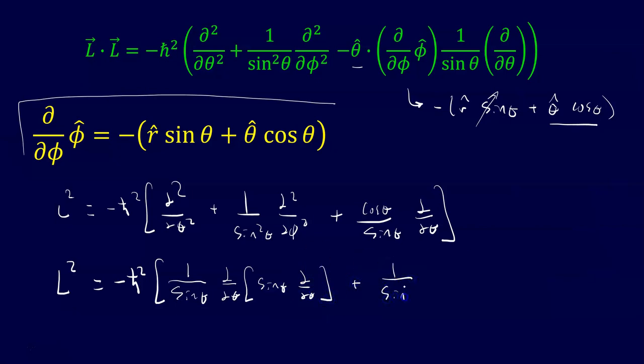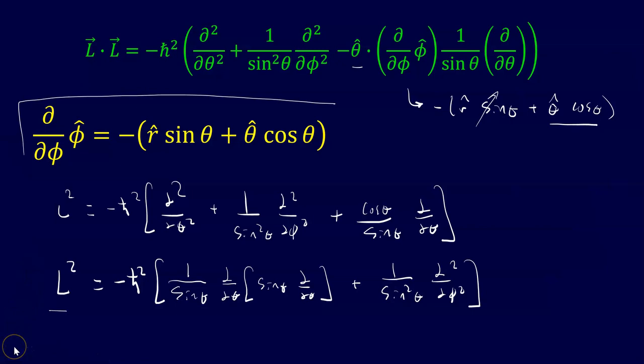And you might even recognize this. Right. And so here's, again, the way we can express L squared in terms of our spherical coordinates, the functional form of L squared.